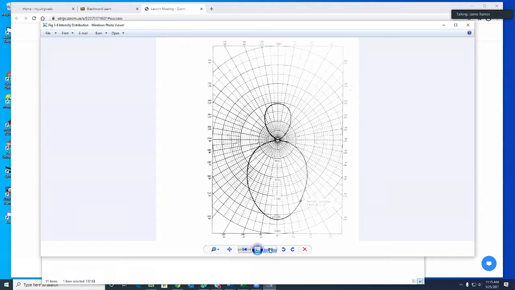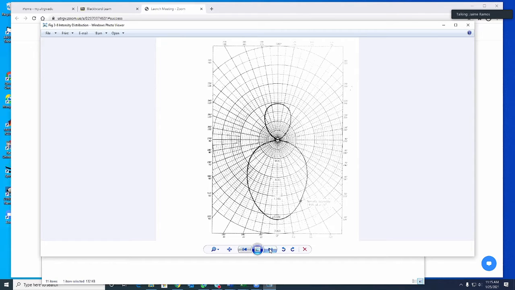Now, this is a graph of intensity distribution, and imagine that circle at the center to be like a cross-section of a tube.